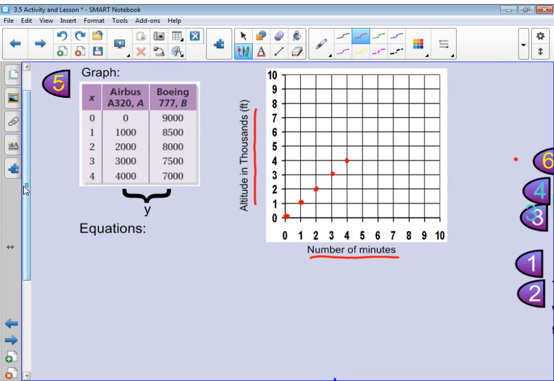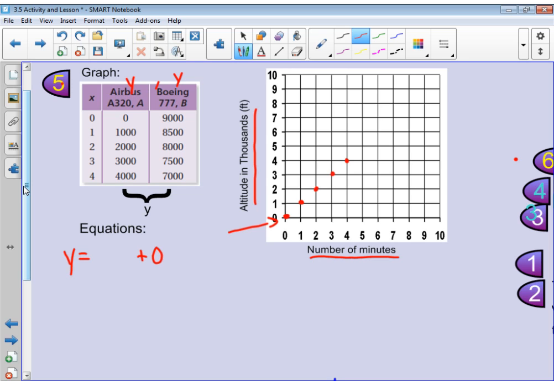So what are we noticing for our equation for our first one? For our Airbus A, and remember these are like our y's because we have two separate sets. For the first equation, we have y equals, and I'm just going to go off of my graph over here. Well, it started at 0, so it's going to be plus 0.